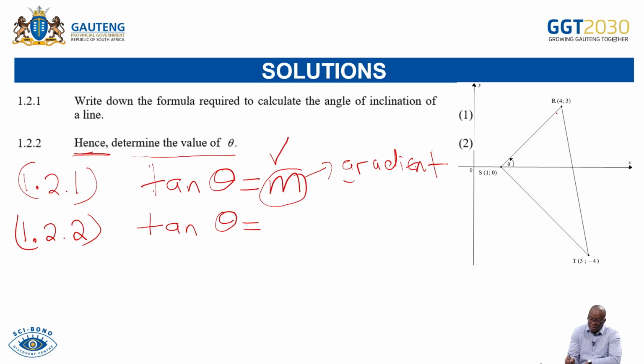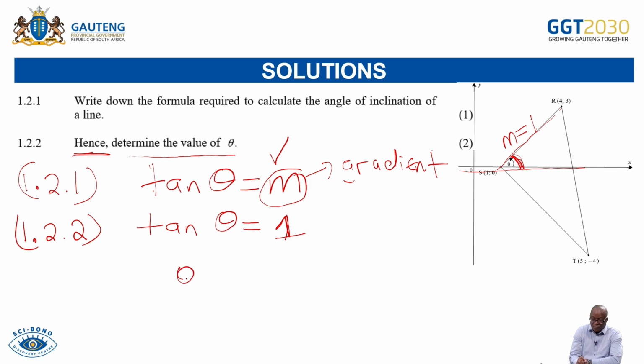So you're looking at that line there, and with the positive x-axis, that is the angle that we are looking for. So the gradient of that line now is positive 1. So where there is m, we are going to substitute by positive 1.